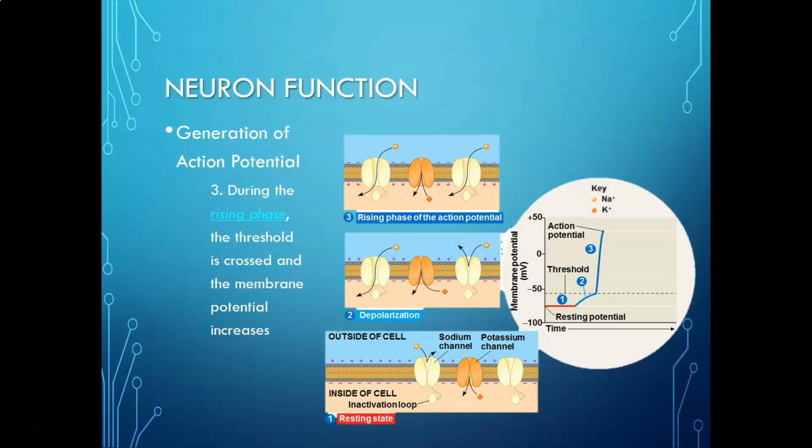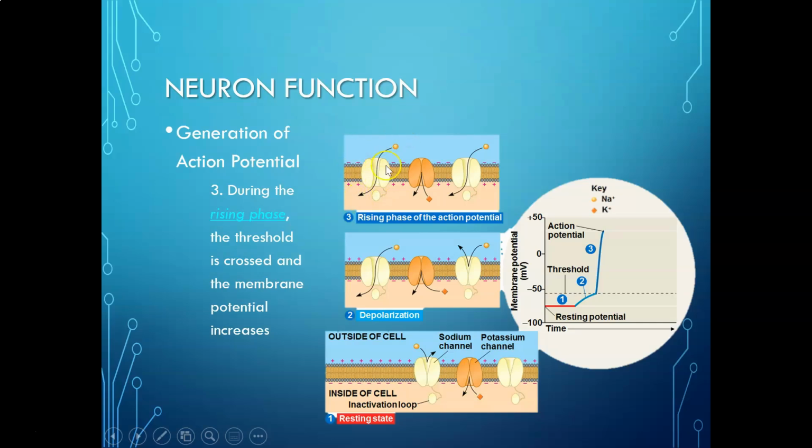How is this happening? Now I've crossed that threshold and that membrane potential continues to increase. So if you look, here's my resting stage, here's my depolarization stage. Overarchingly in both of these, the inside of the cell is more negative compared to the positive outside. Once I get to that rising phase, I've switched the charges.